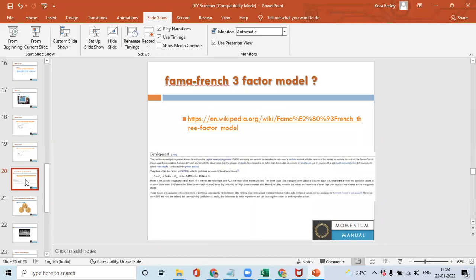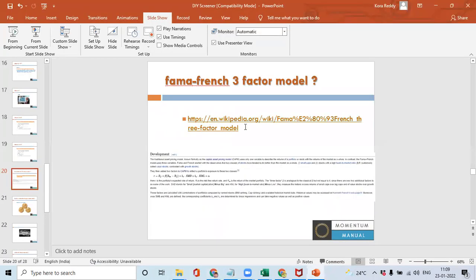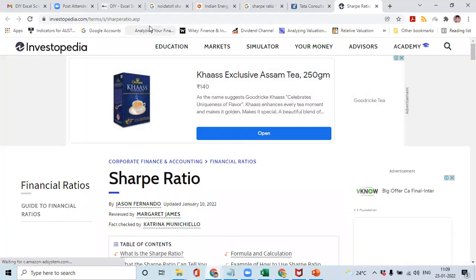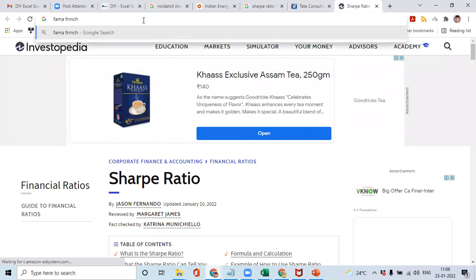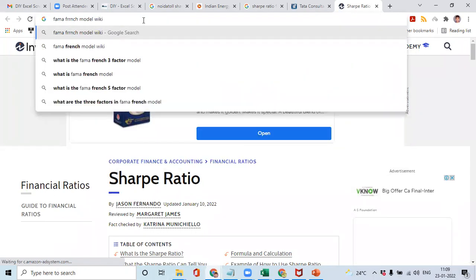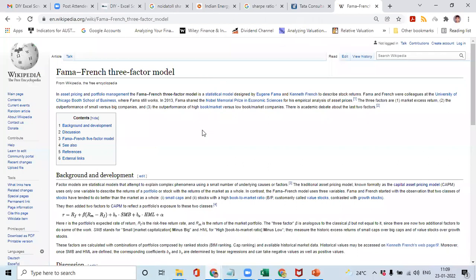Now, this is another model. I don't know what that link is, I think it's copied wrong. It's the Fama-French model. This is another Nobel Prize winning model.